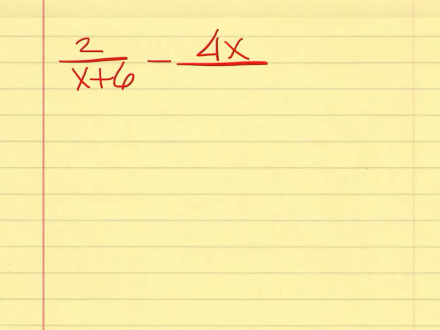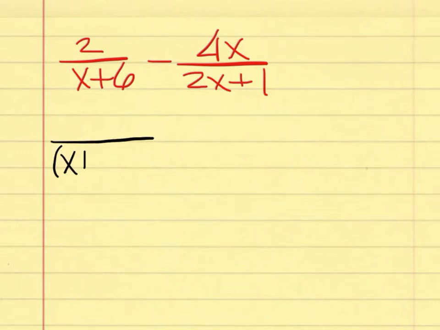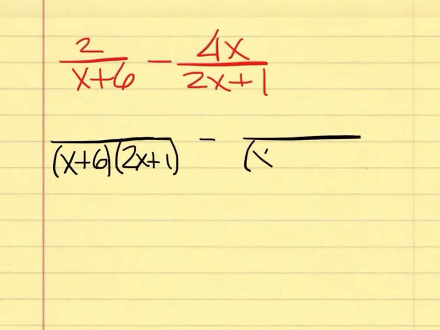This practice problem is 2 over x plus 6 minus 4x over 2x plus 1. For this problem, we need a common denominator, and that common denominator is x plus 6 times 2x plus 1, and that's going to be on both sides.